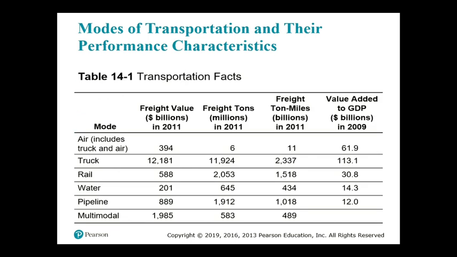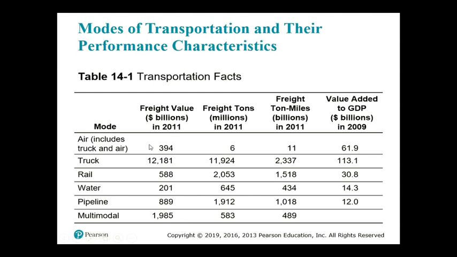In this table, you can see a rough estimation of the value transported by each transportation mode in year 2011 and the value added to GDP by different modes. We can see truck is the predominant transportation mode, followed by intermodal.